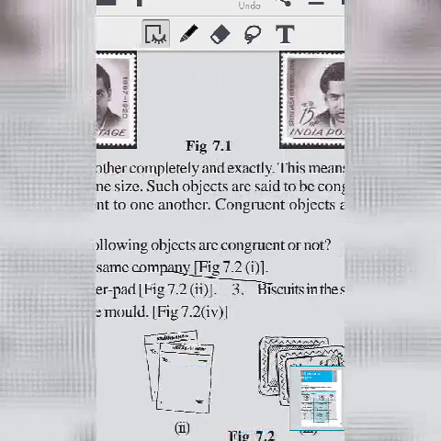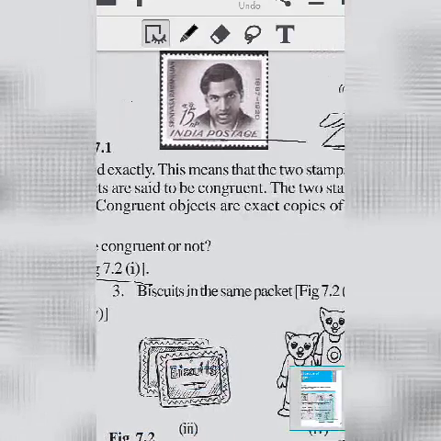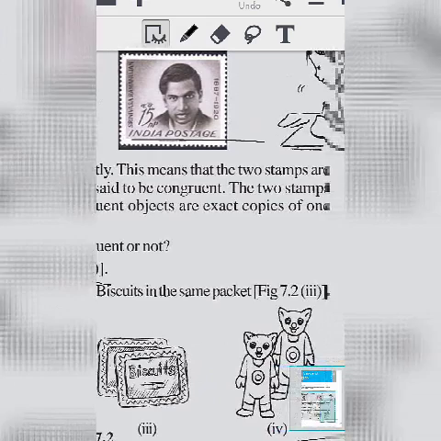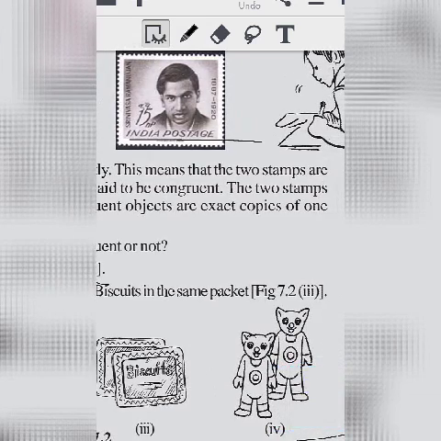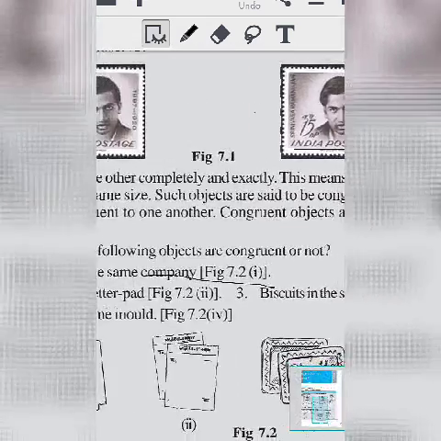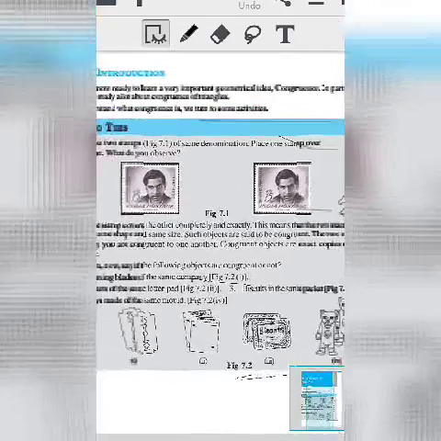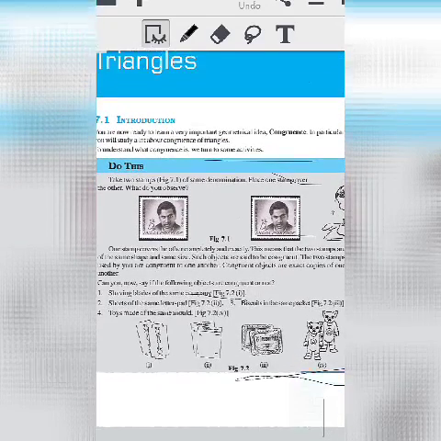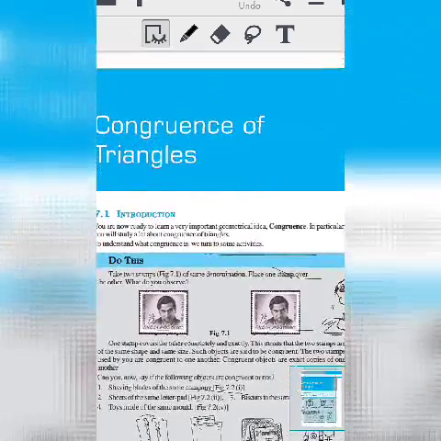Such objects are called congruent. The objects which look the same and have the same shape and size are called congruent. So whatever examples we read are examples of congruent objects. In this chapter we will read what congruent triangles are.